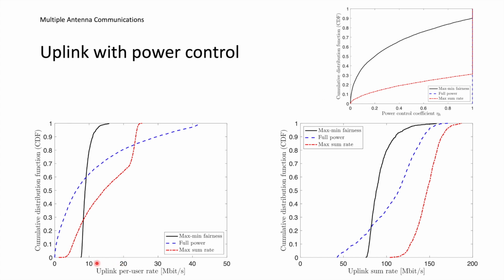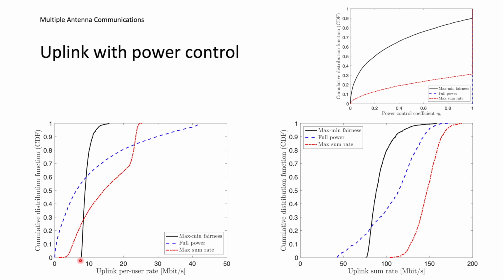First we consider the uplink per user rate. So if we consider a randomly selected user in a random drop of users, then there are variations in megabit per second between the different users depending on where they are and where the co-users are. So it is once again a cumulative distribution function that we are showing here. If we are using maximum fairness, we have a rather flat curve here.